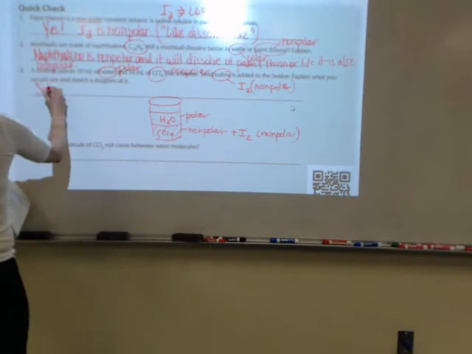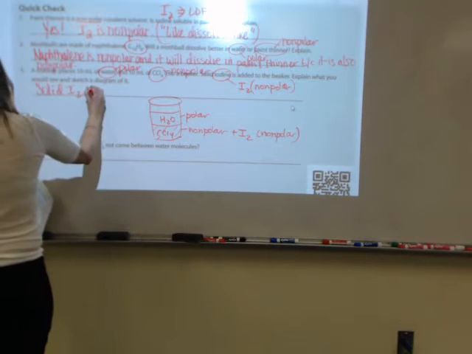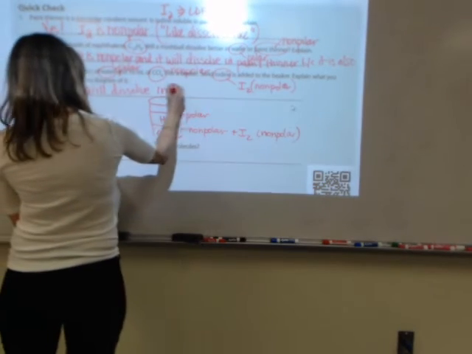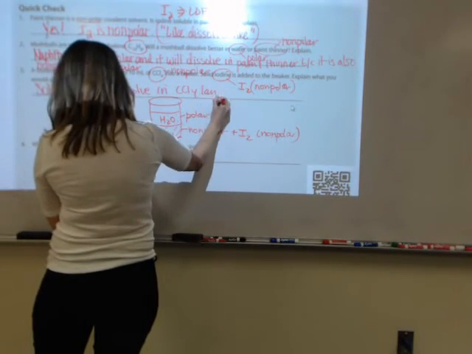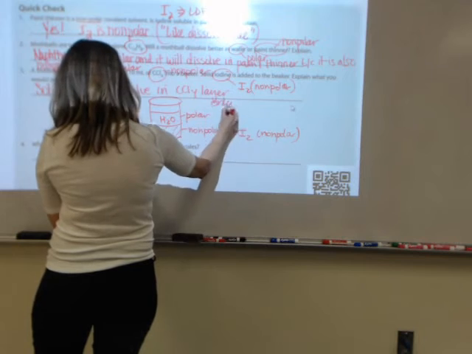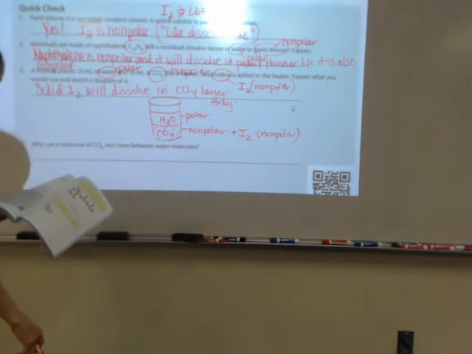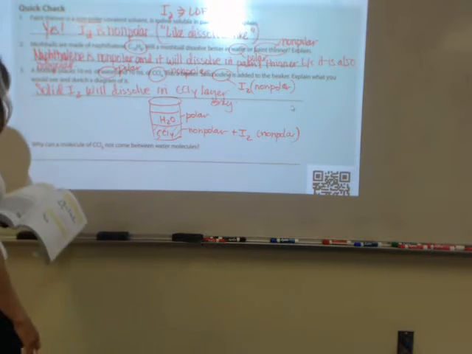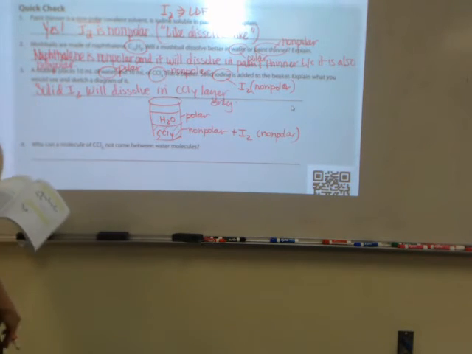So the solid iodine will dissolve in the carbon tetrachloride layer only. And the water layer will just remain colorless and clear. And when the iodine dissolves, it should turn a slight pink, but you wouldn't know that unless I told you.